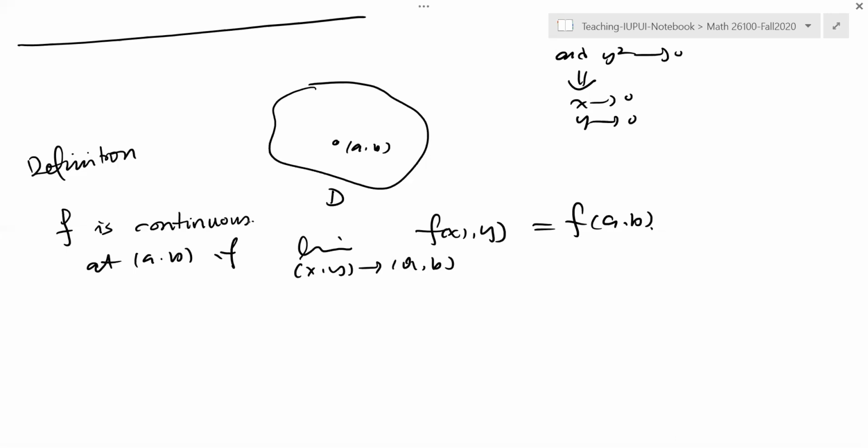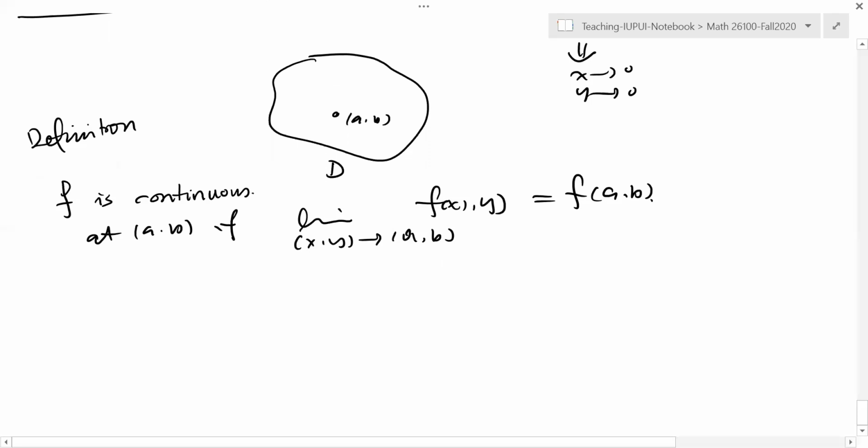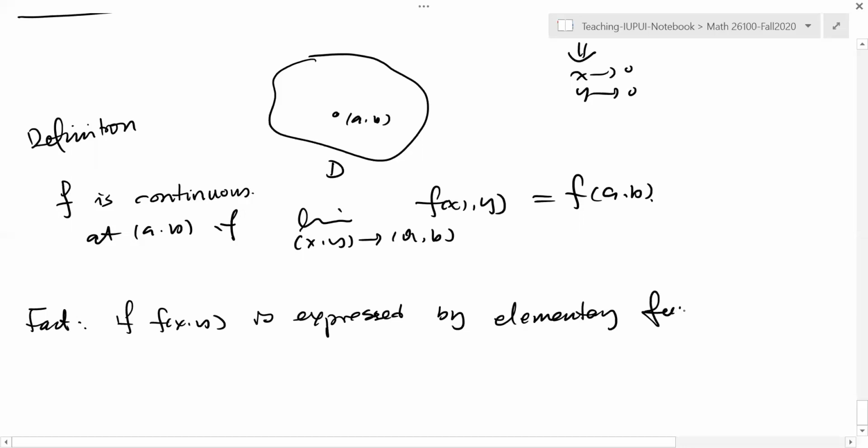Now, a very important fact: if f of x is expressed by elementary functions in x and y, then f is always continuous on its domain.